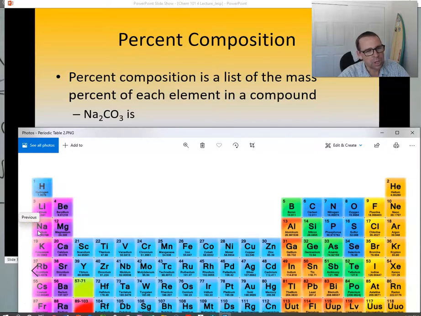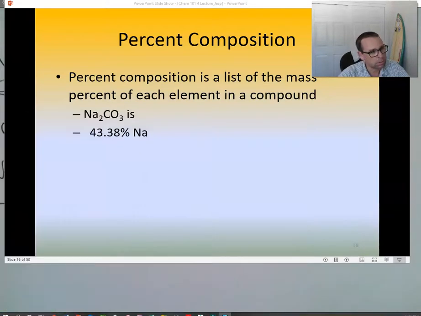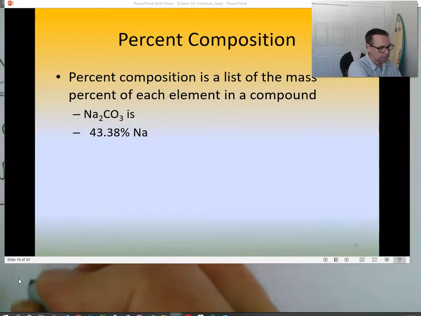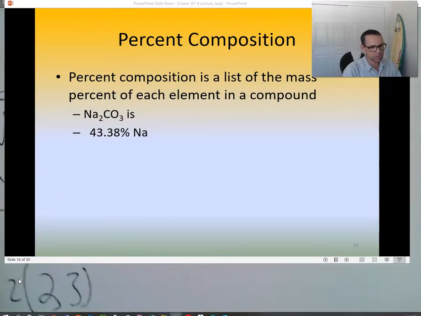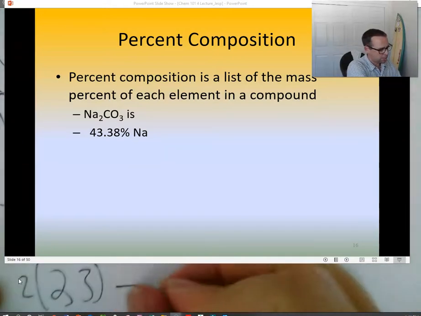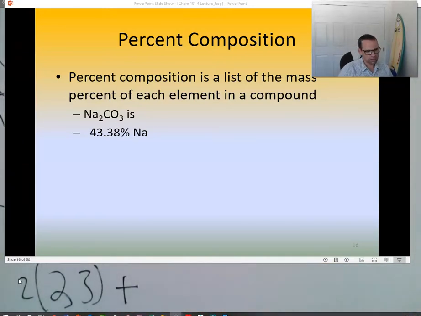Okay. So we got 2 sodiums. That's 23 times 2, right? And then we have 1 carbon. Do you see the mass for carbon?